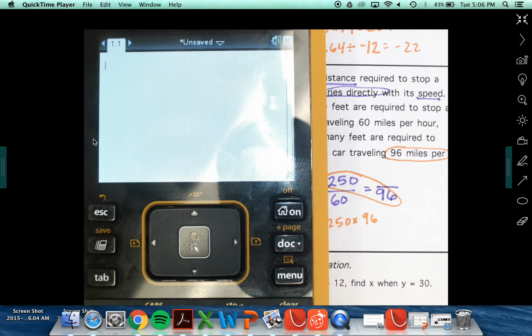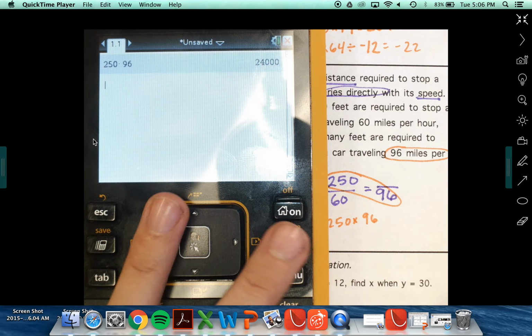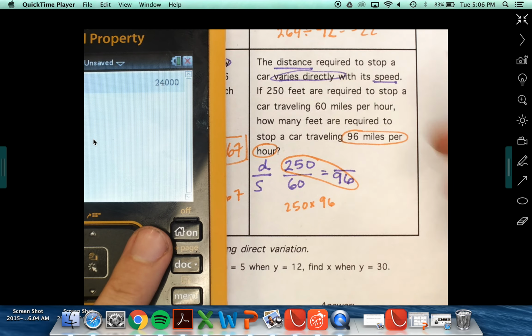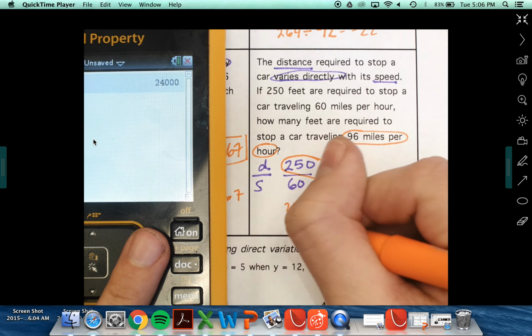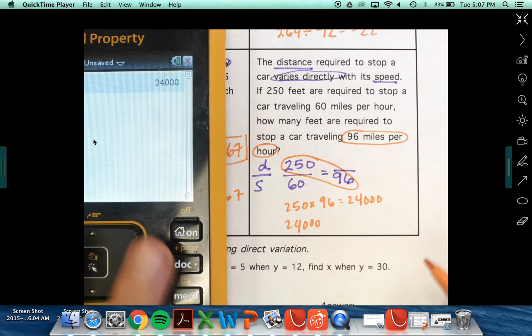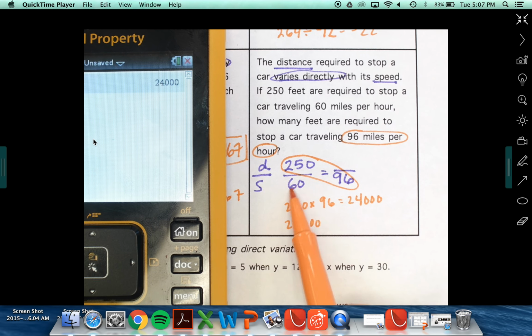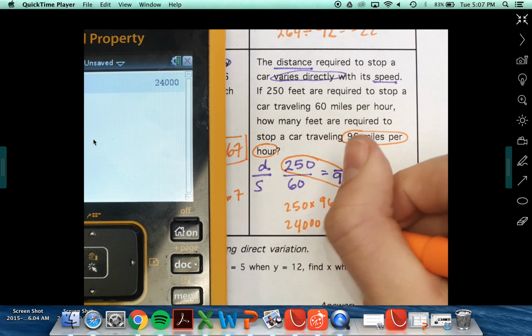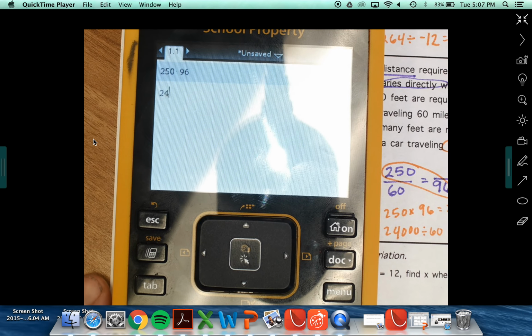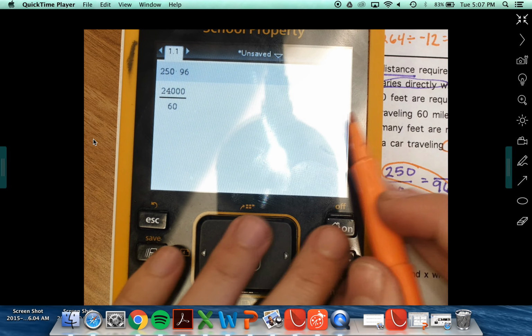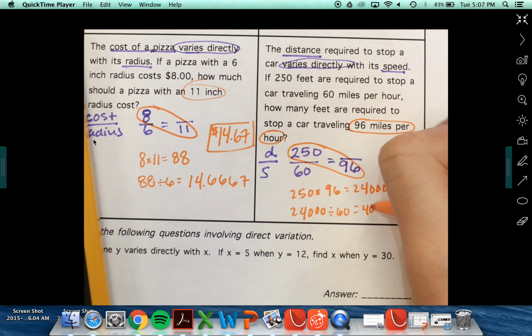Okay, so 250 times 96 gives me 24,000. I'm going to take that 24,000 and divide it by this leftover 60. So my 24,000 divided by 60 is 400.